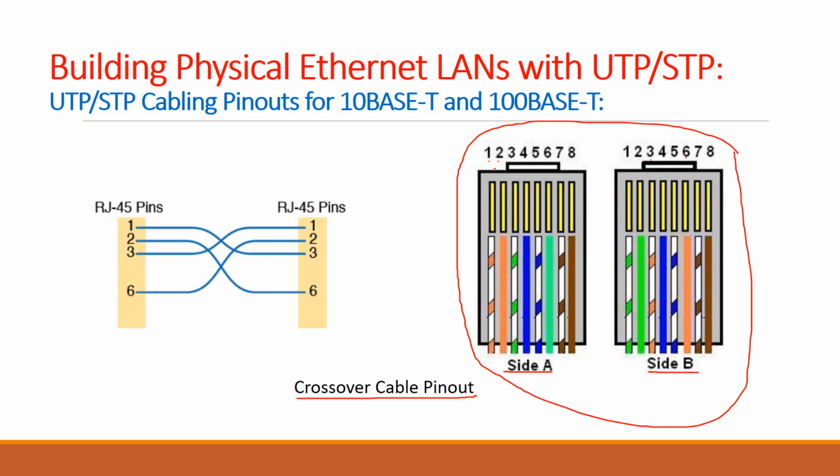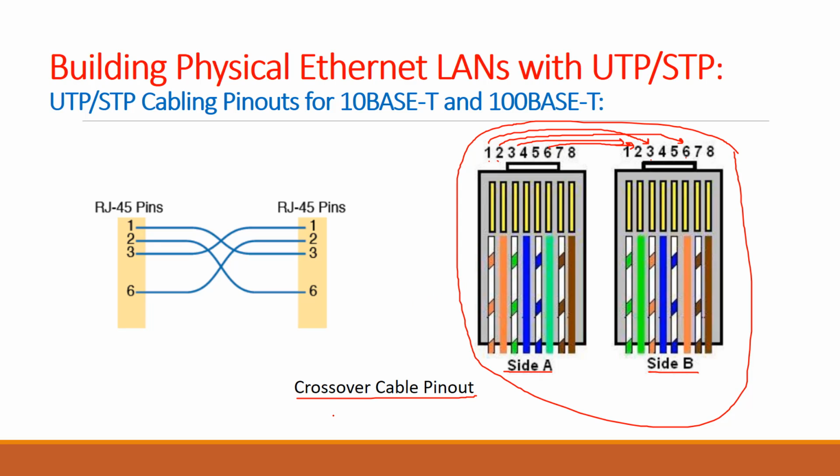And here we started with the orange, the striped orange, and the solid orange. So the striped orange to 1 here to 3 here, and 2 here to 6 here, and 3 here to 1, and 6 here to 2.